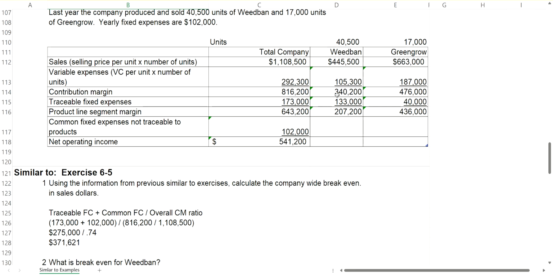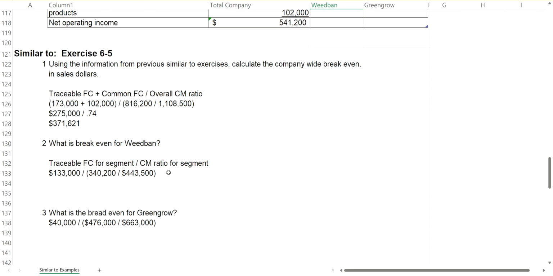To get the contribution margin ratio for WeBan, again, look at the WeBan column. I take the contribution margin of $340,200 and divide it by sales of $445,500. Okay, I did go ahead and write it out here. So therefore, it would be the fixed cost of $133,000.